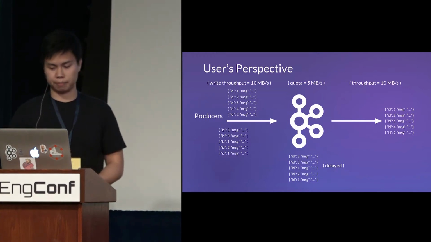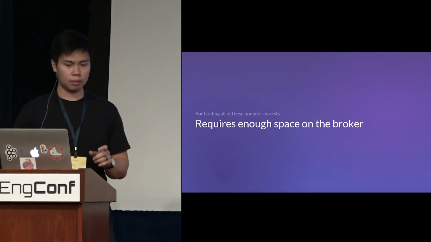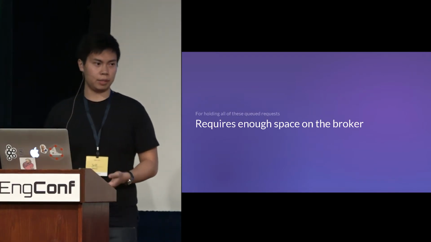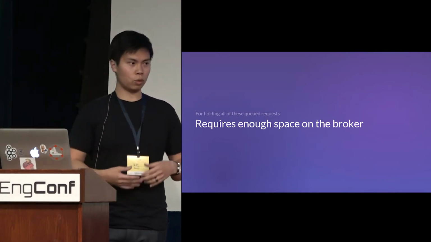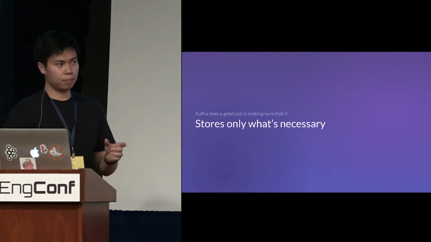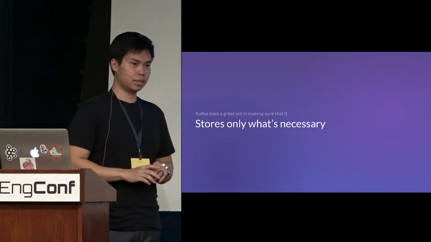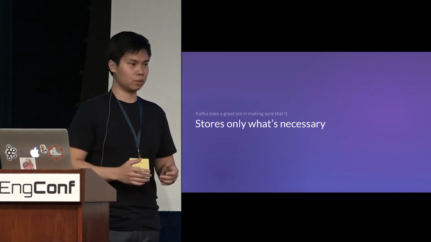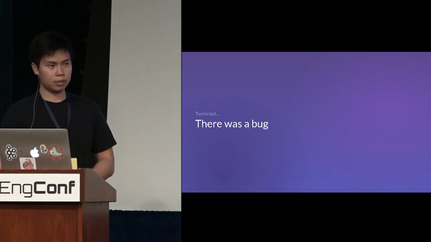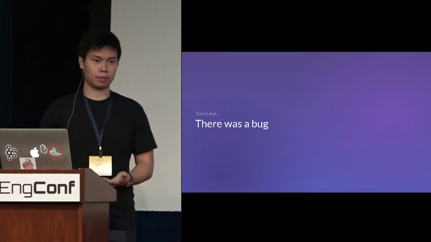Now, this comes with the real cost that there needs to be enough space on the broker to hold all of these queued requests. But the good thing here is that Kafka makes sure that it stores only what's necessary. However, it turns out that there was a bug.